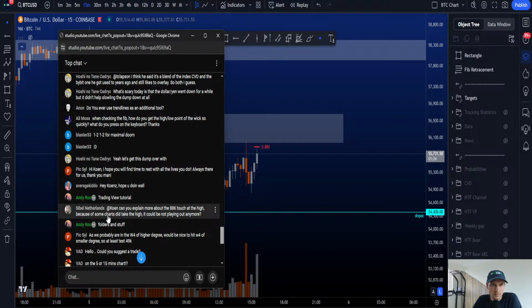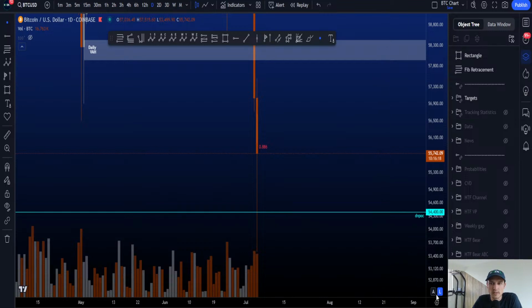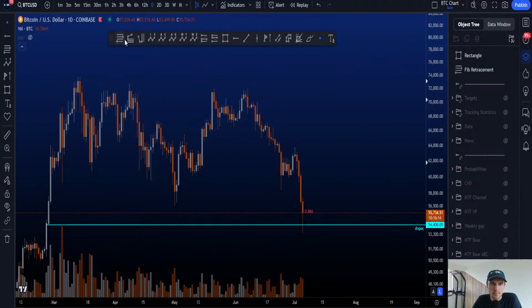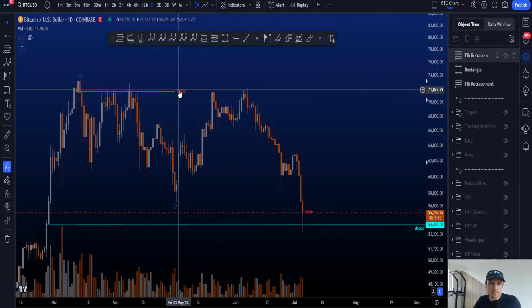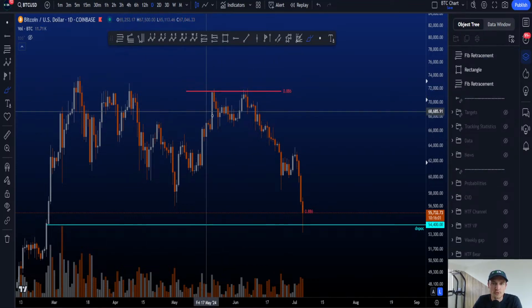Yes, but the fact that the charts took the high doesn't matter for the 886. So we take a fib from the high to the low, and it doesn't matter for 886 probabilities that you took out this high on some charts, and on some charts you didn't.